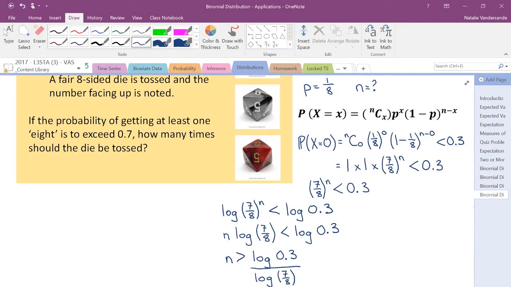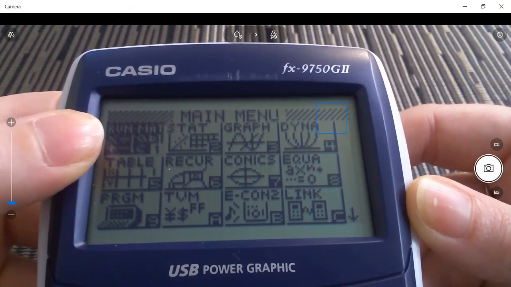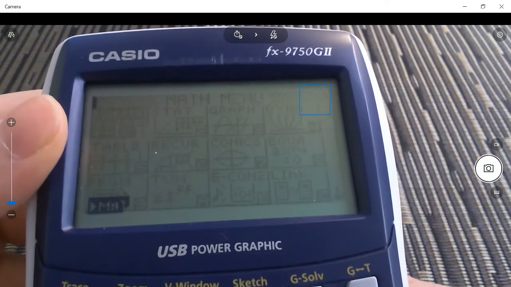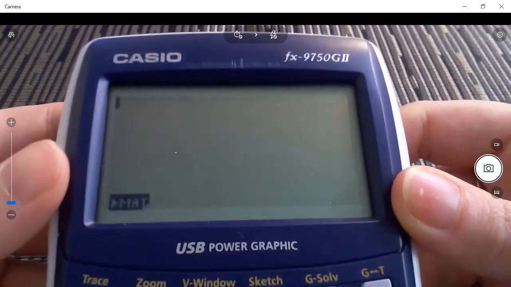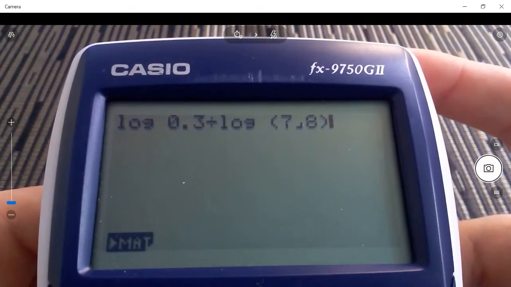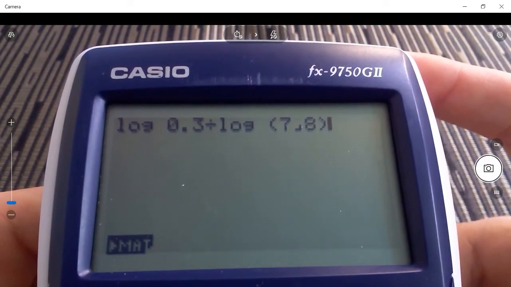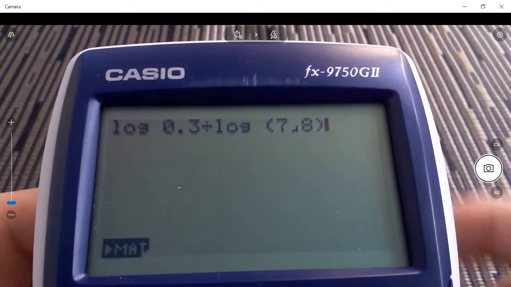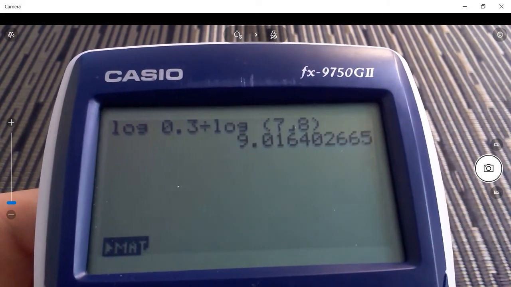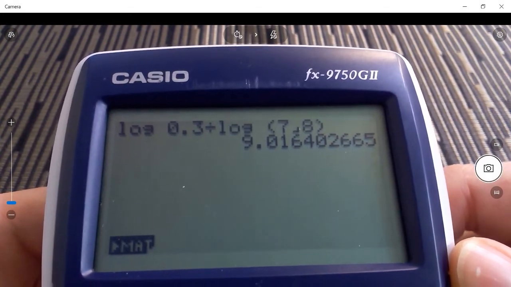Figuring this out on the calculator, it looks like this. Using ordinary run mode, that one there. And we're just going to enter in our equation as we see it. So we should have log 0.3 divided by log 7/8. Make sure you have the fraction in brackets. And there we have our answer that we're going to go and write down.